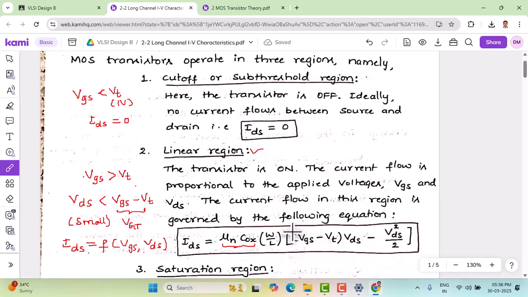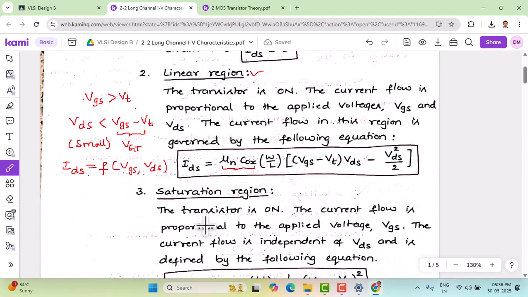Within the bracket we have VGS minus VT. This is called the effective gate voltage, or as already labeled, VGT. That is VGS minus VT, and that is multiplied with VDS minus VDS square by 2. This is the drain to source current equation in the linear region, and this equation is valid only in the linear region. We have another equation for the saturation region.